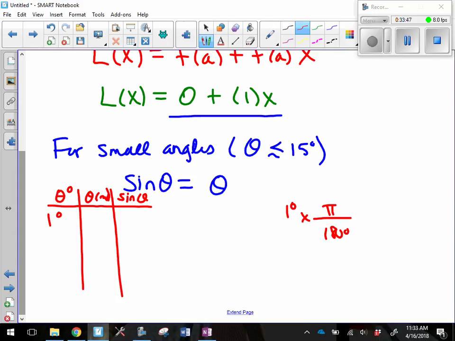No, 3.14 divided by 180 is not equal to 1. So make sure you're in radian mode and take the sine of 0.017.